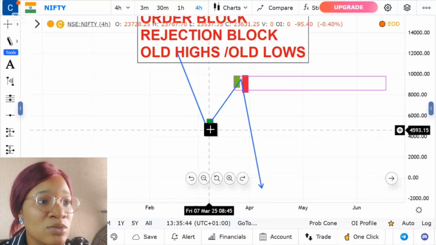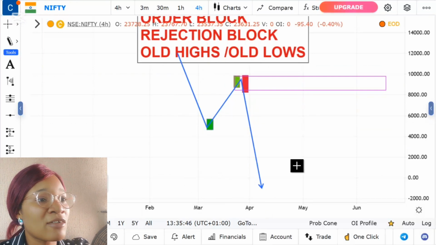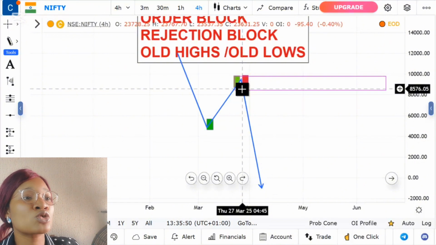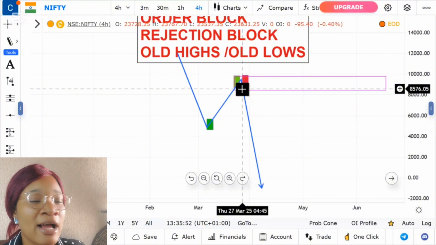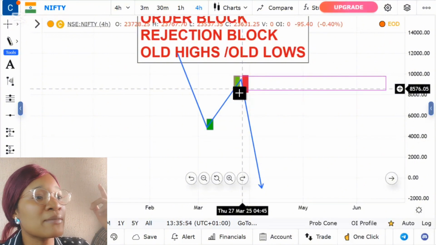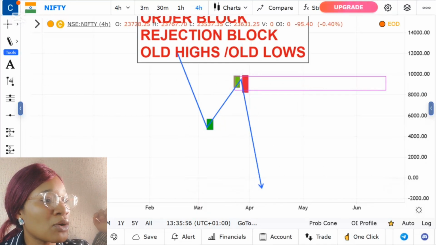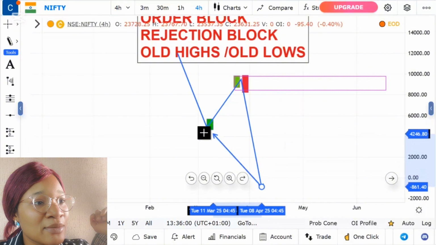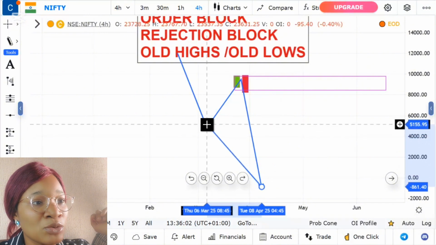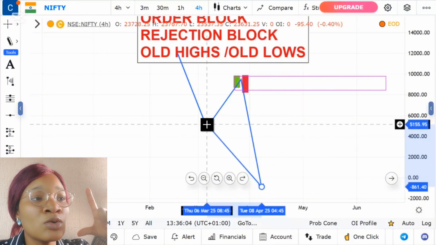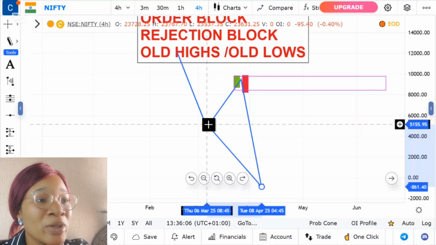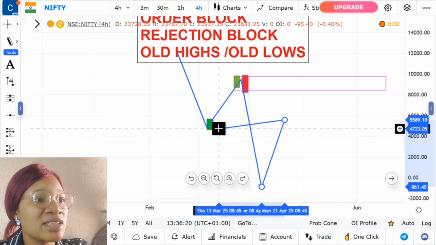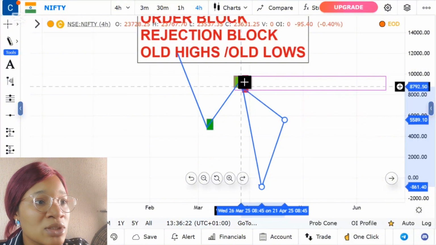There will be a bullish candle sitting right there, and especially when the impulsive move is so wide that it is so far from your order block, you tend to see sometimes that instead of getting to your order block, price will just come all the way to this buy candle, right, at the lower low, at the swing low. This is in a downtrend, so we have a series of lower lows, lower highs.